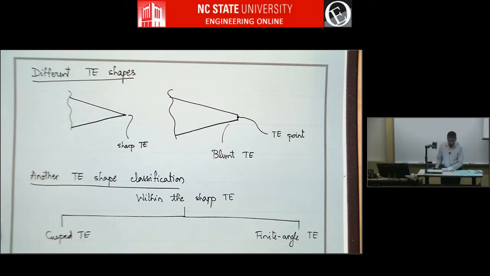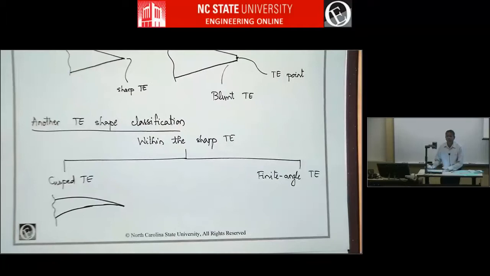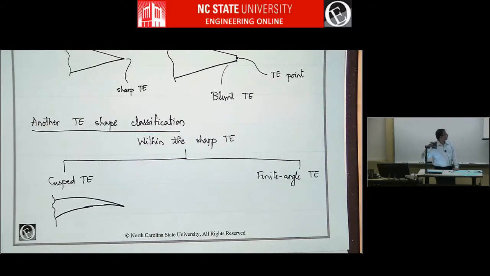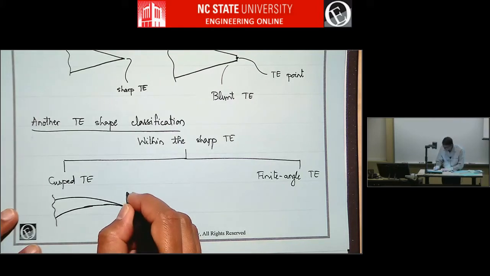A cusped trailing edge is one where the upper and lower surface meet at the trailing edge tangential to each other. So this trailing edge angle is 0.